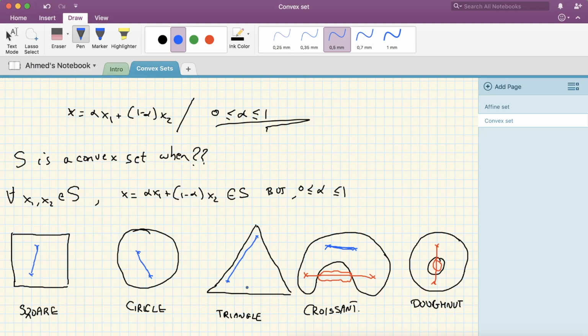What you see in front of you is 2D, and it could be easily extended to 3D, 4D, and so forth. So yeah, those 3 sets right here are convex. However, those 2 are not convex.